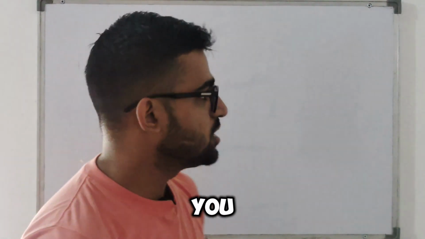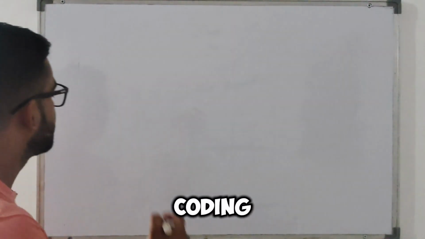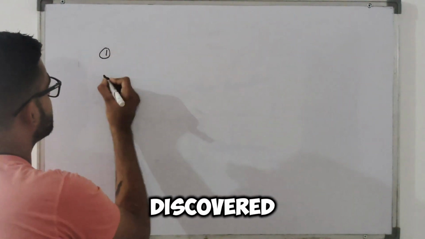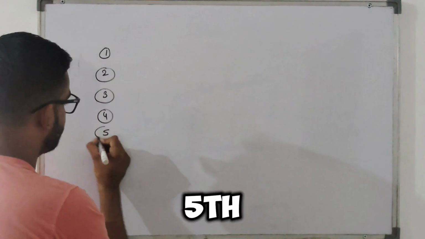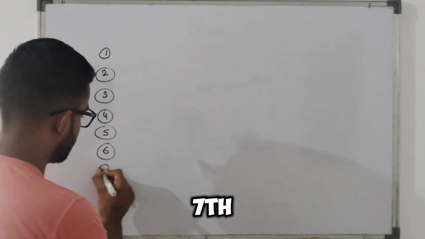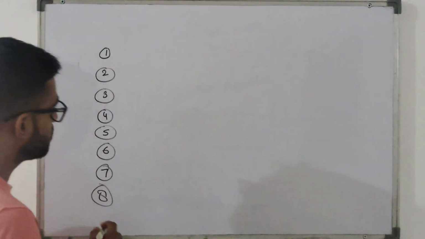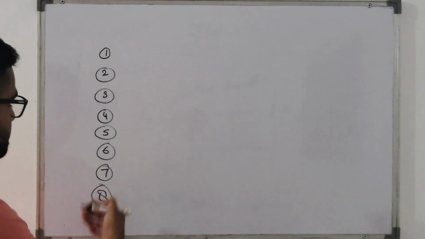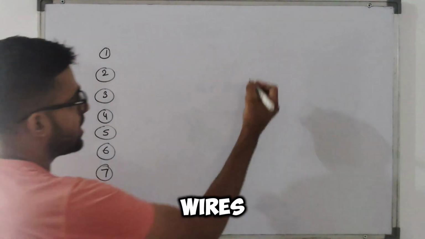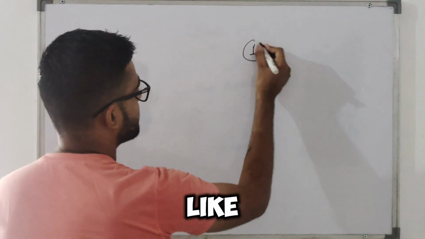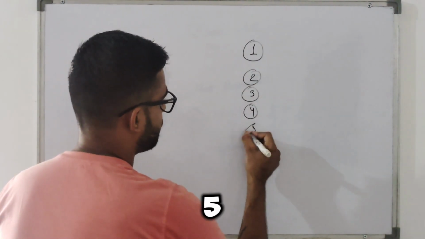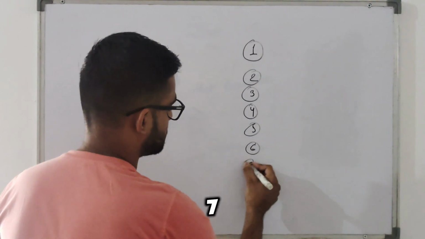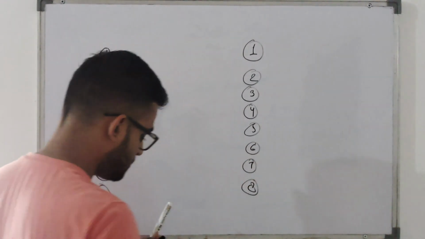Generally in color coding, these are the 8 wires, and I am going to number them: 1, 2, 3, 4, 5, 6, 7 and 8.